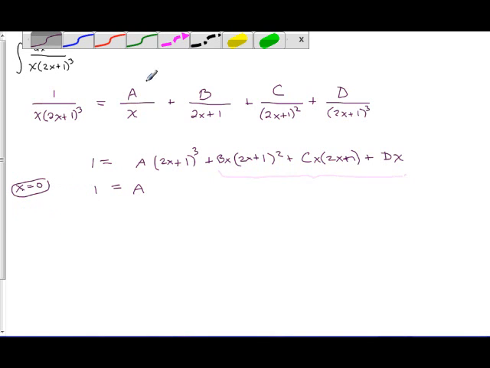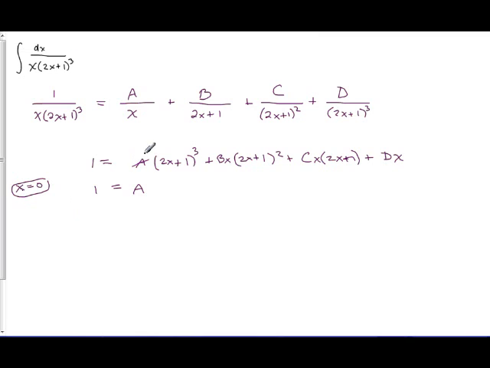Okay, so let's do a different color here. And we're going to replace that a with a 1 now. Okay, now, what else can we try?